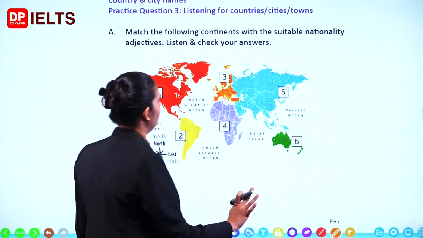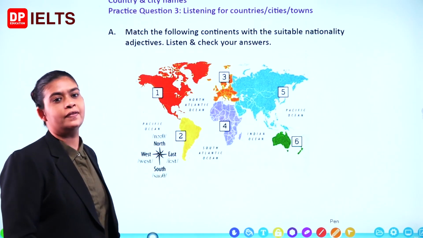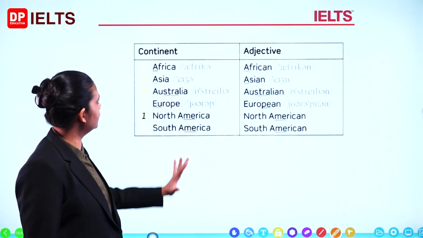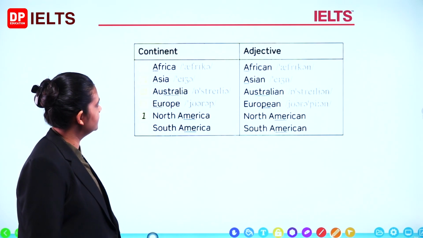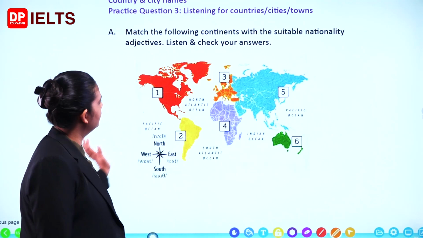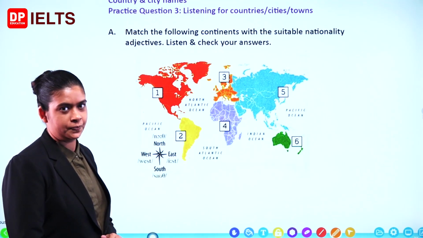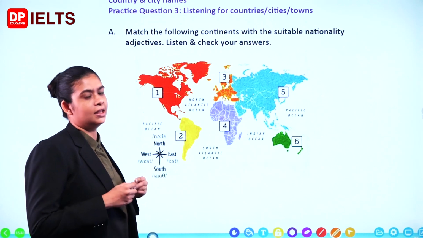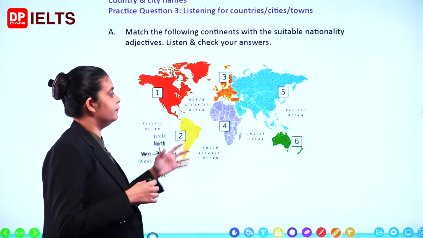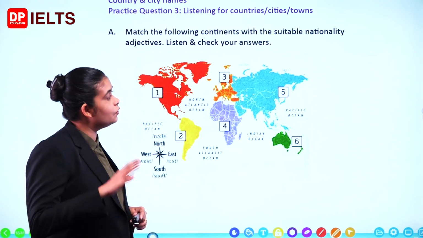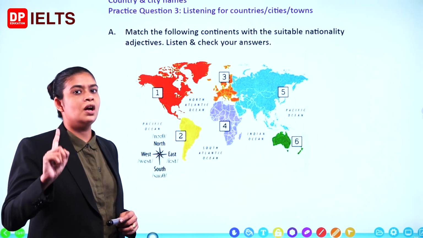You have to do it on your own. We'll listen and check the answers. Okay, so here are the continents and the adjectives. So have a look at it and match. So listen carefully and mark the answer. So they will tell you example 4. What is it? Then write it down. Ready? Remember that you will hear the audio once only.